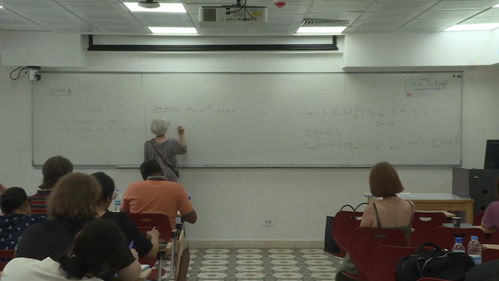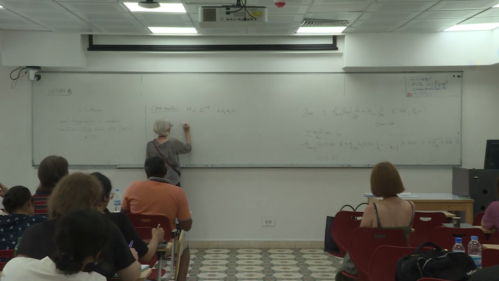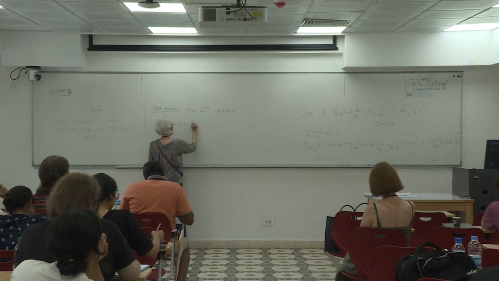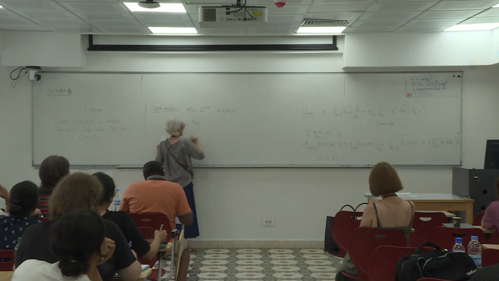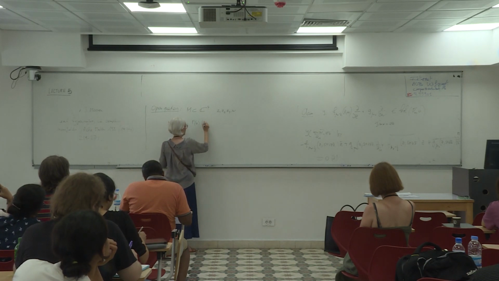And you want to consider Im w given by P(z, z̄) plus Q(z) P̄(z̄) plus R(z), R̄(z̄), with P, Q, R holomorphic polynomials in all these three variables.